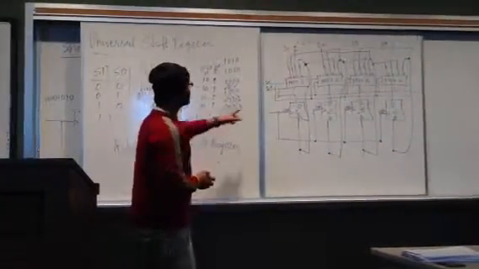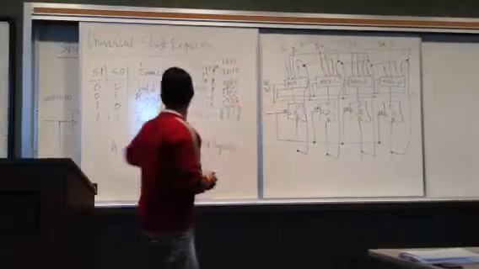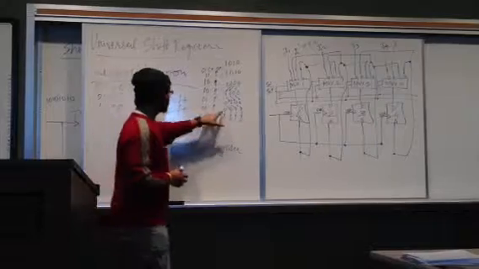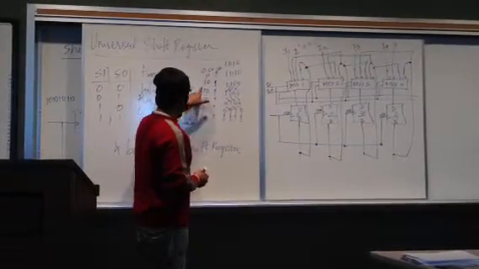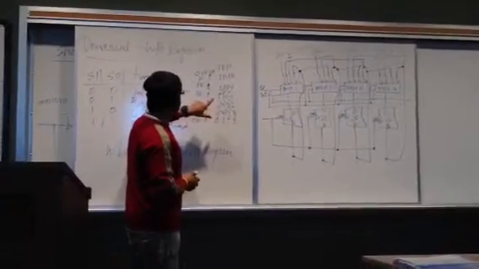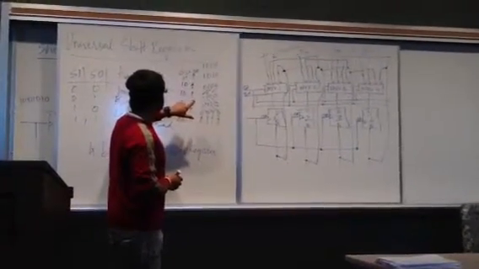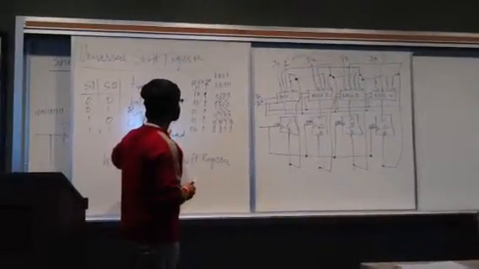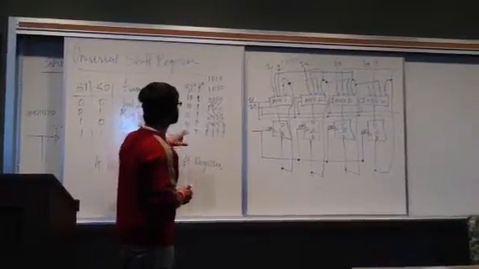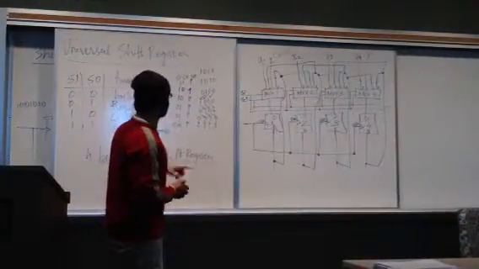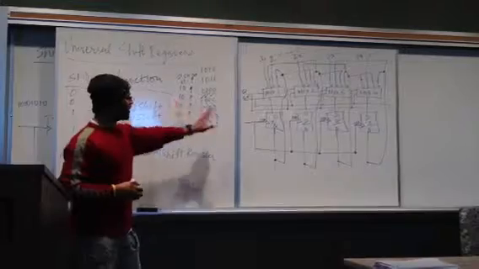If these two lines are set to 1, 0, that means it's doing a left shift. So it's the far right 0 you're looking at? Sorry, this is connected to line 1. Yeah, so it's 0, 1, it's doing a right shift.